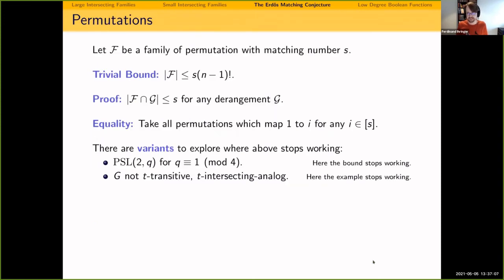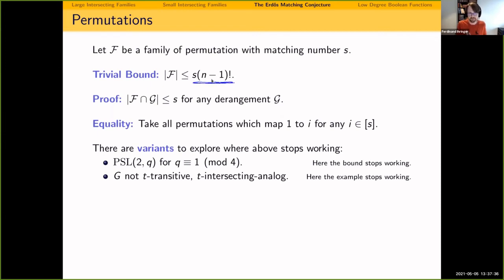Now, the sad thing for the topic of the workshop is that the problem is very boring for the symmetric group. Namely, we always have derangements in the symmetric group. So using the same bound I showed you before, the clique-coclique bound, we always see that a family with matching number s has at most this size.